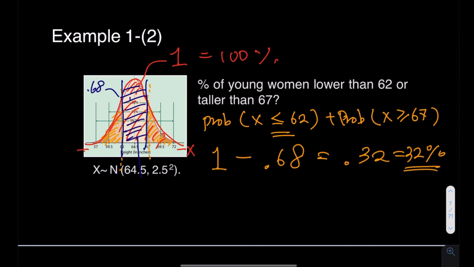That is the answer. Okay, so it's a kind of reversed case. Previously, we wanted to know the probability between 62 and 67. In this example, if you exclude that case, what's the probability? Actually, it is obvious. You subtract 68% from 100%. So the answer is 32%.